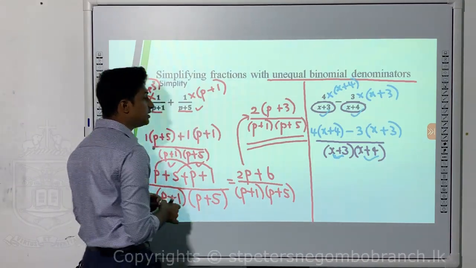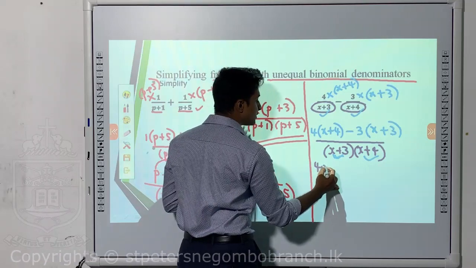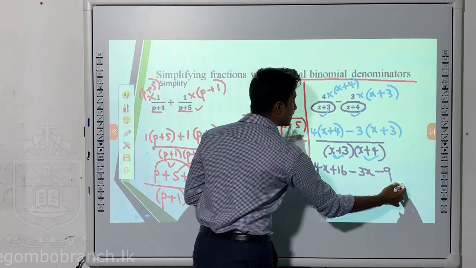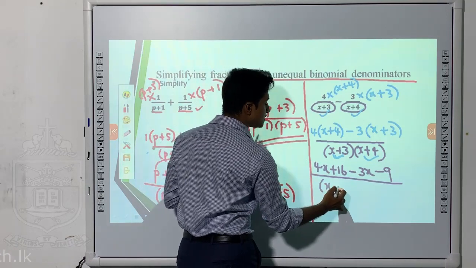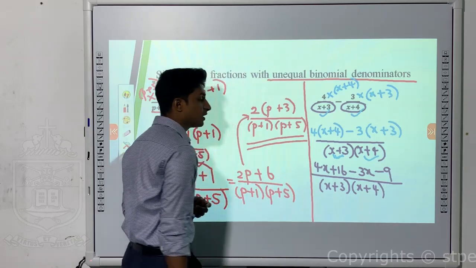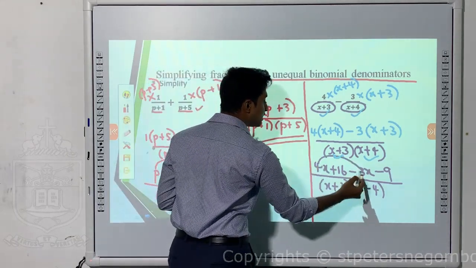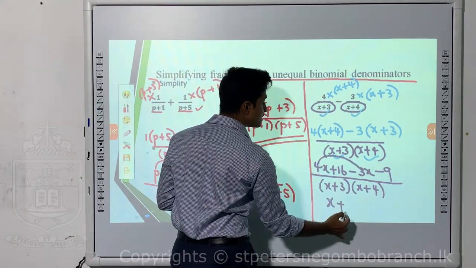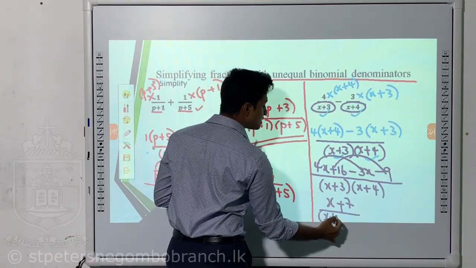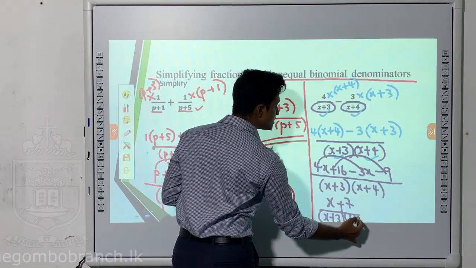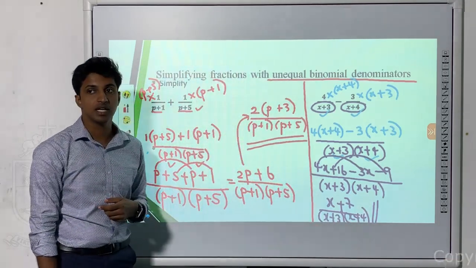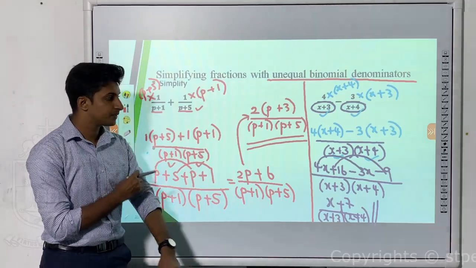Now if I open the bracket, 4x plus 16 minus 3x minus 9 over x plus 3 times x plus 4, right, then 4x minus 3x is going to be x, plus 16 minus 9 is going to be 7, over x plus 3 times x plus 4. Okay, that is the answer, right?